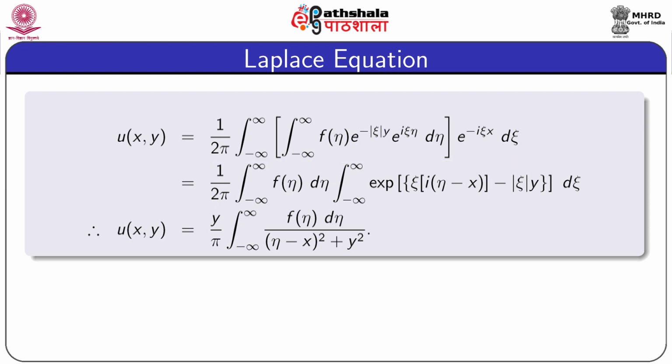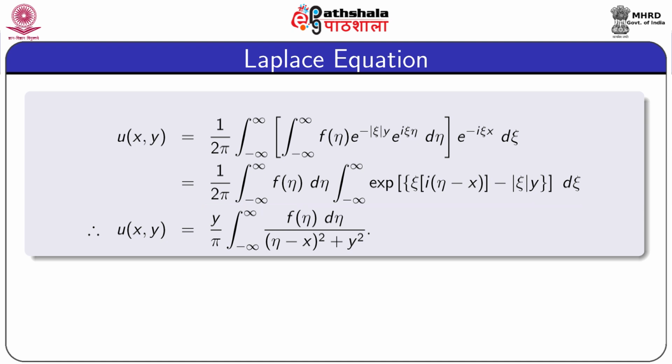So, in the next line, this is equals to 1 by 2 pi integration from minus infinity to plus infinity f(eta) d eta into integration from minus infinity to plus infinity e to the power xi into i(eta minus x) minus mod xi into y d xi. In the second line, we interchange the order of integration.